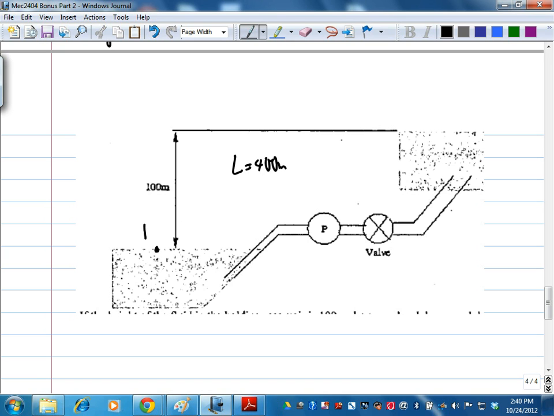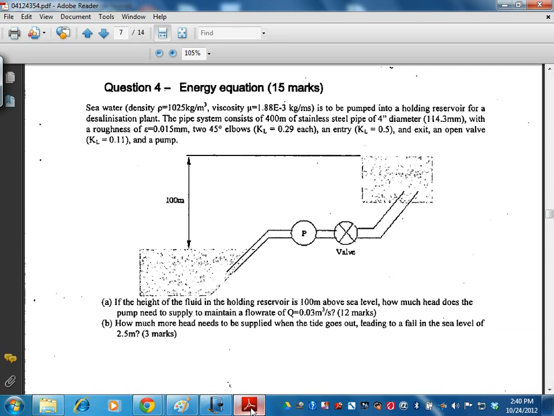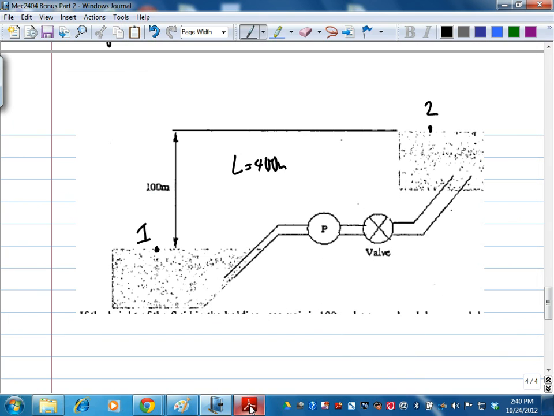This is 0.1, this is 0.2. What else did they say? 2 elbows, KL is 0.29, KL is 0.29.